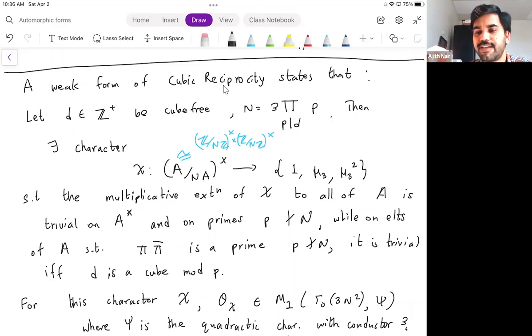In the preface, they start with the quadratic case, x squared equals d. That is the more elementary version of modularity. Then they mention how if you take the equation for the elliptic curve, then you actually see the modular forms.